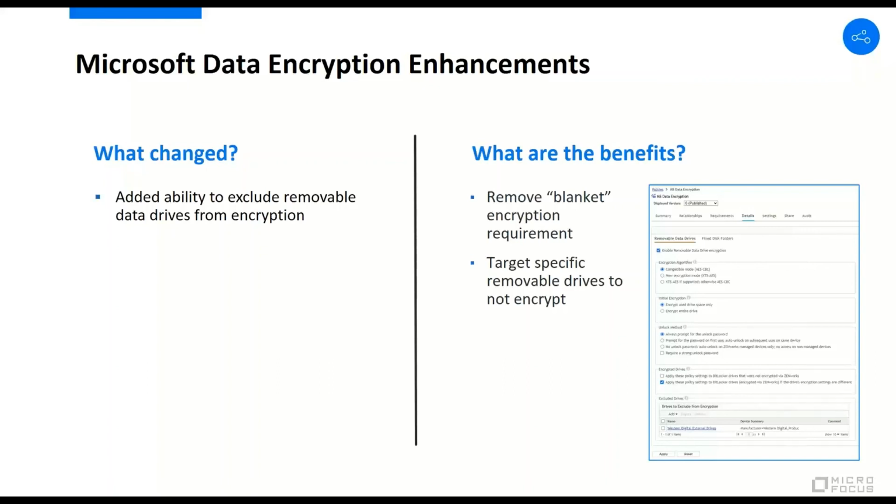In this release, we've added the ability to exclude removable data drives from encryption. In the previous release, when you turned the policy on, all drives were encrypted. Now you can remove that blanket encryption requirement and target specific removable drives to not be encrypted if that's a need within your organization.